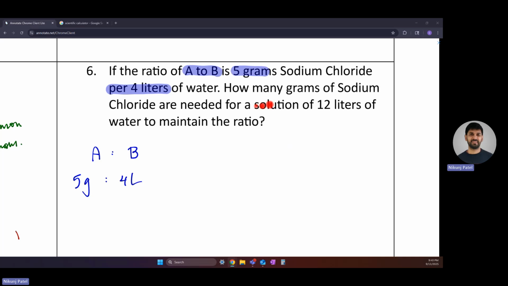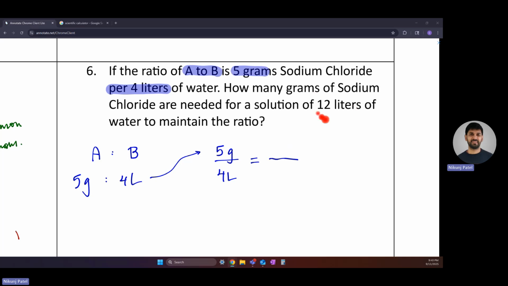It says how many grams of sodium chloride do we need for a solution of 12 liters to maintain this ratio? Well, we can take this ratio and we can write it out like a fraction, 5 grams over 4 liters.